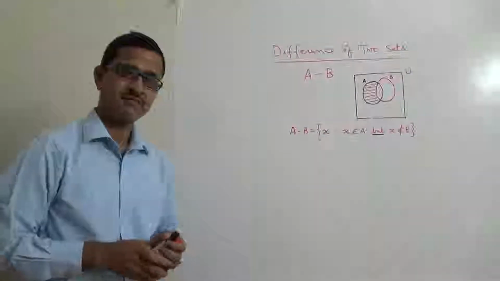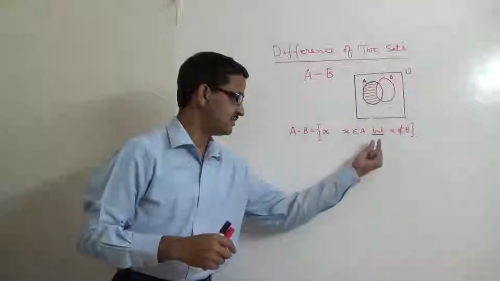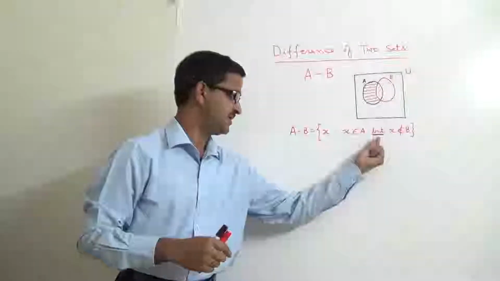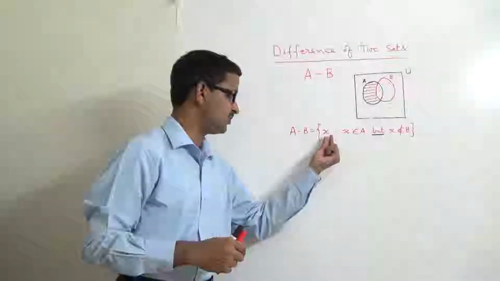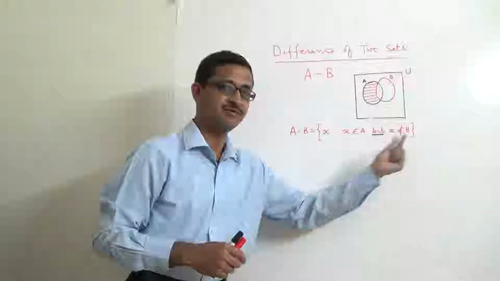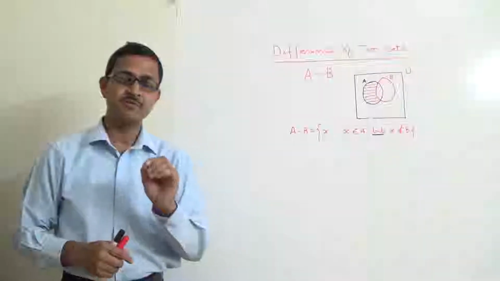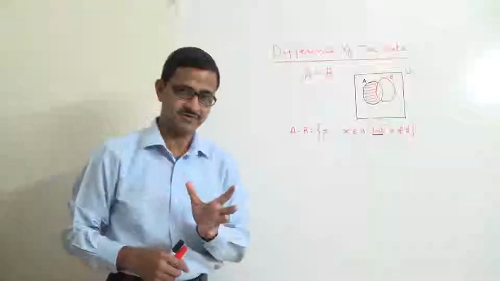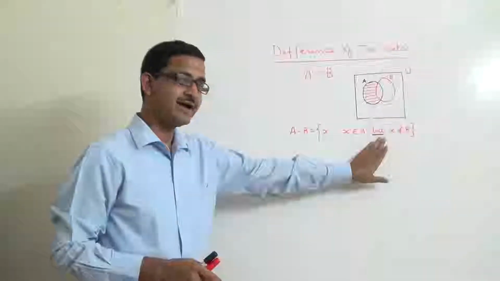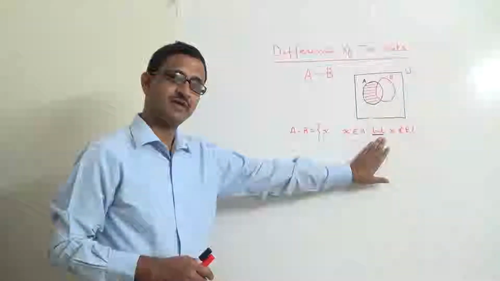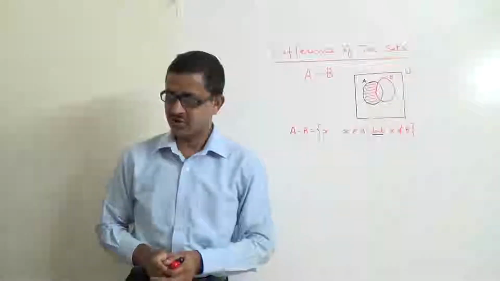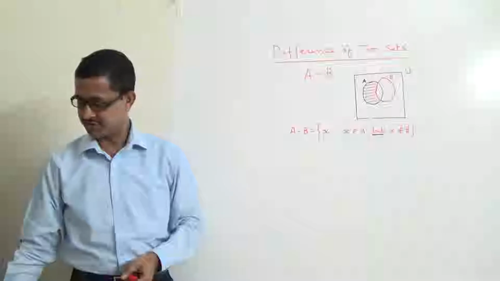Sometimes it is interchanged with the word and, like A minus B equal to X such that X belongs to A and X doesn't belong to B. But is the most important word here. If you use and, that is also fine, but and may mix up with A intersection B. So that is called the difference between two sets.